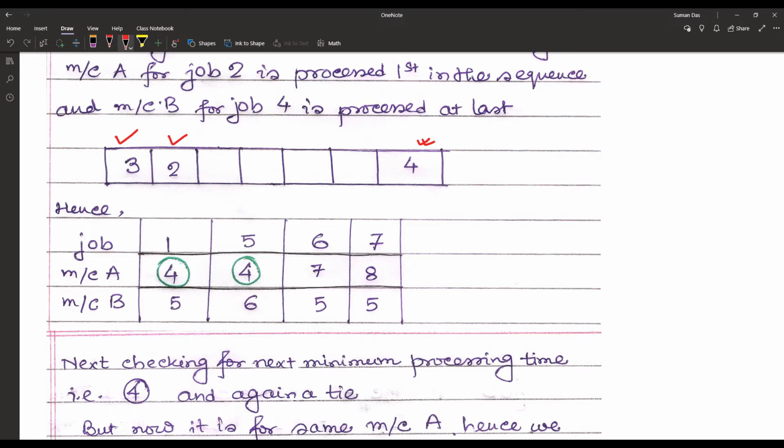So once again we have to find out the minimum processing time. And the minimum processing time now we have found is 4, and again that's a tie. So we have to proceed to step 3 once again. What does it say?